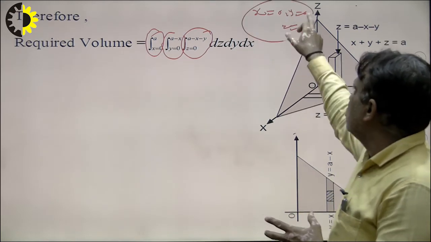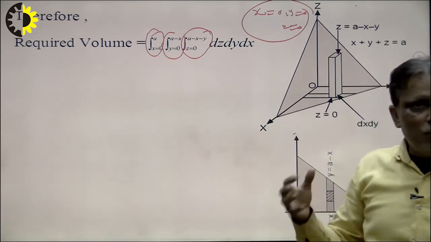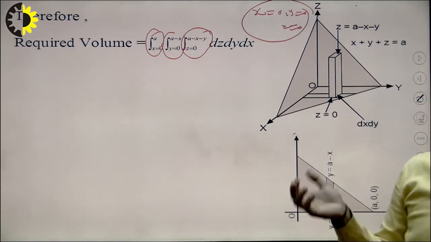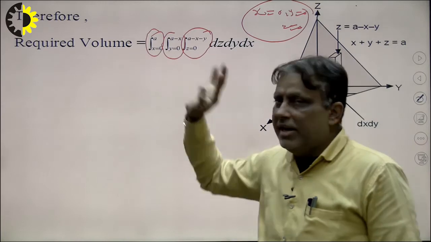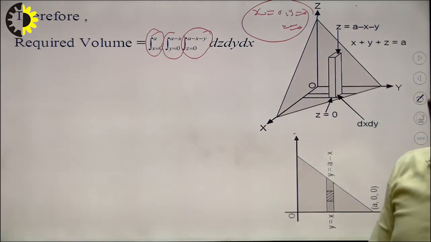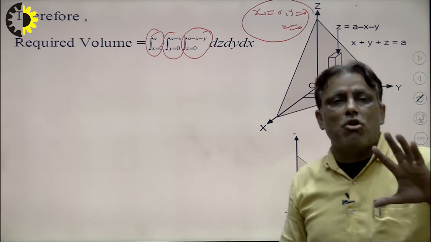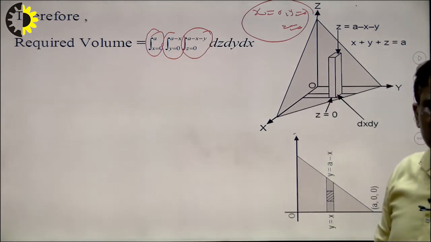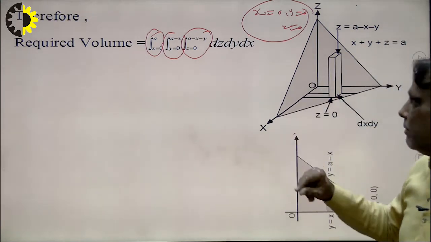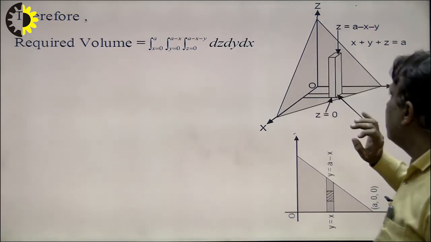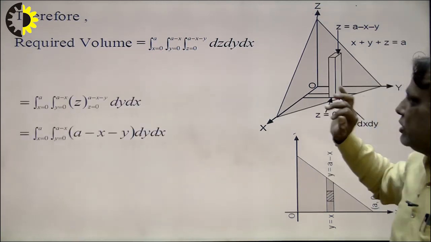Suppose this portion is not given in the question, then we obtain the volume of the first octant and multiply by 8, because this is a 3-dimensional space. So in this way we always solve the first octant first, and take the decision according to the given problem, and we solve the problem step by step.